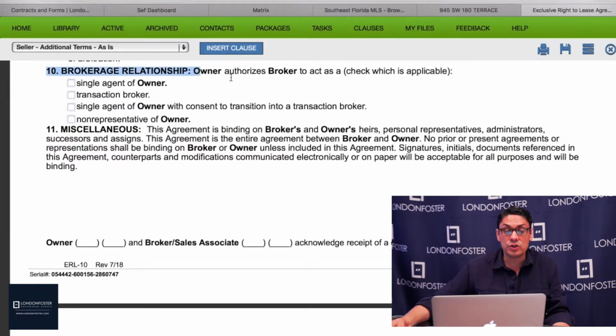A brokerage relationship: owner authorizes broker to act as, and usually we are a transaction broker. If we are a single agent, or a single agent owner's consent to transaction broker, you want to make sure you put that. Or if we're not representative of the owner, you want to put that also. The more common one is obviously to be a transaction broker, and you need to make sure that you spell that out.